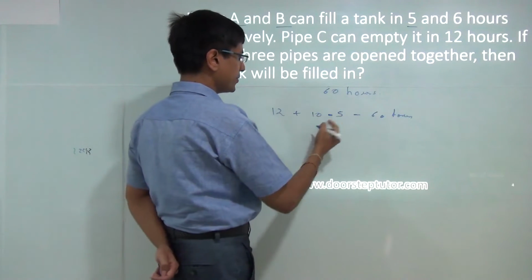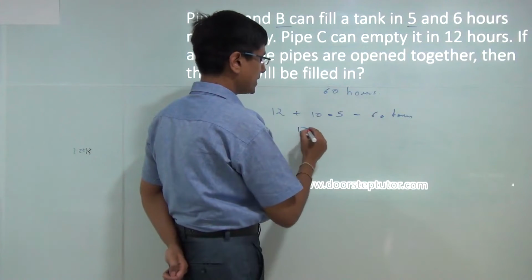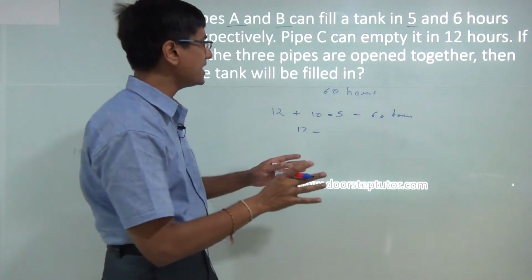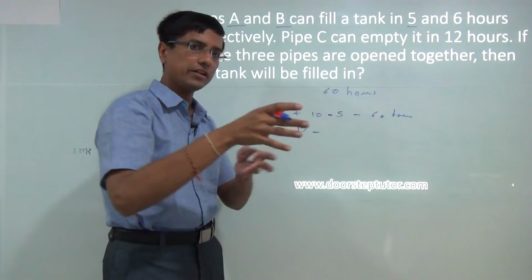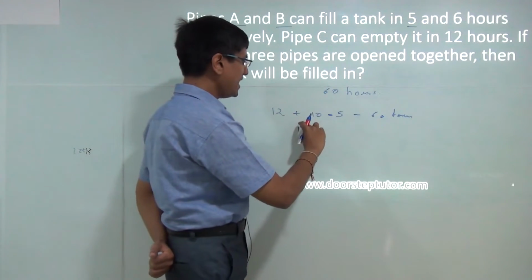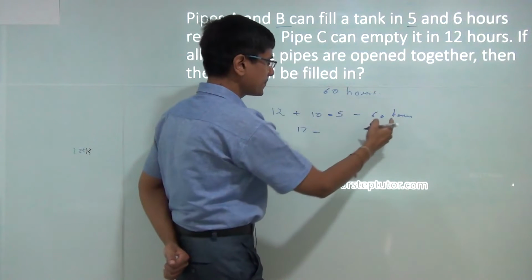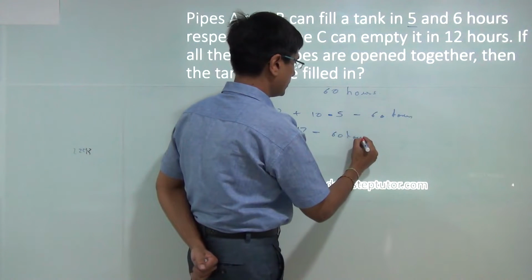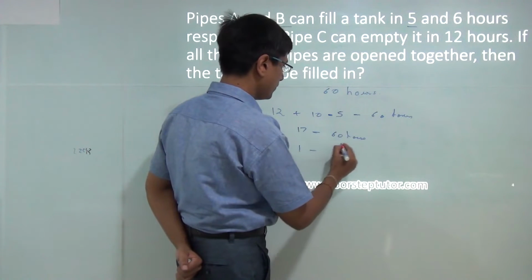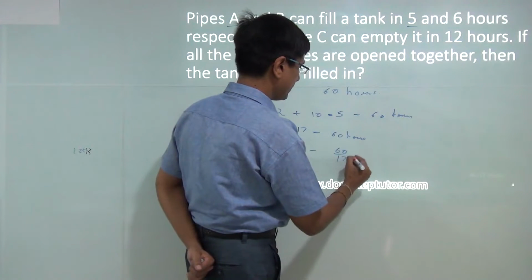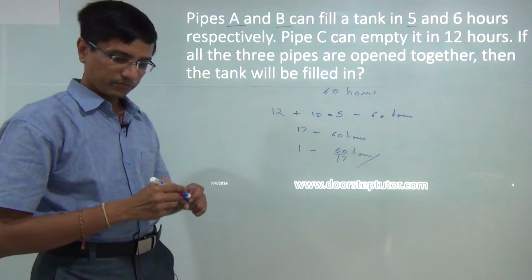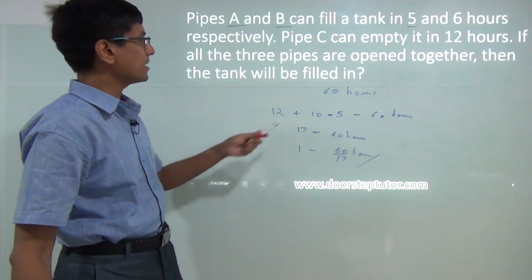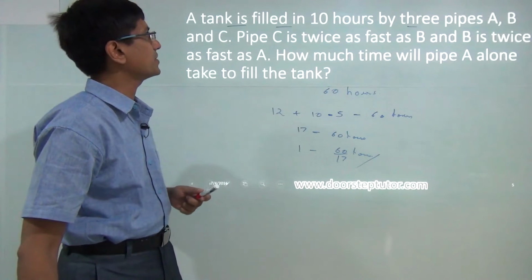So if I total this, it is 22 minus 5, which is 17. So 17 tanks net, after taking into account all the tanks which are filled and all the tanks which are getting emptied, were filled in 60 hours. So one tank would be filled in 60 by 17 hours. And that's our answer. Again, we were able to solve it without using any fractions.